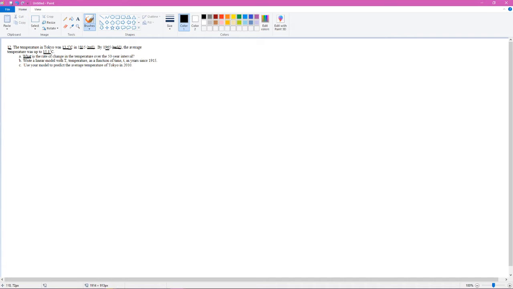Okay, for the first question, what is the rate of change in the temperature over the 50-year interval? To find it, we are going to put 50, since it was a 50-year interval, on the bottom of a fraction, and divide the difference between 13.5 and 15.1 by 50.